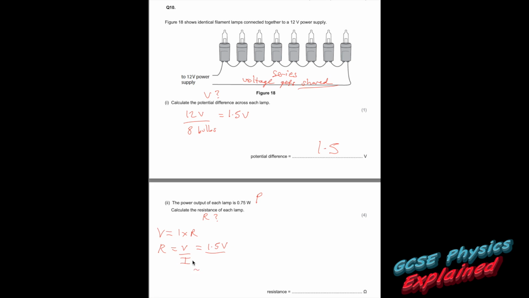Now the thing is we don't know what the current is. Right, so what do we know? We know the power, and we know the voltage is 1.5. Is there an equation that connects power, voltage and current? Yes, there is. P equals I V. So if we rearrange that to get current, we'll be able to solve what the resistance is.